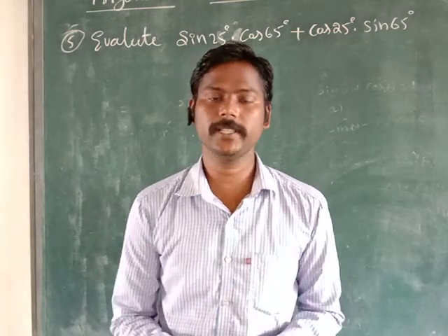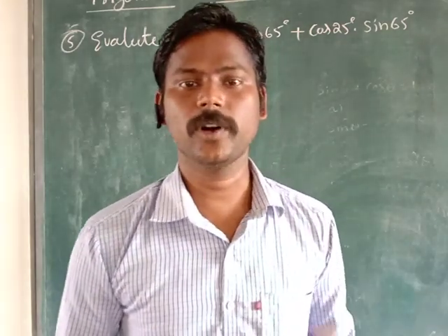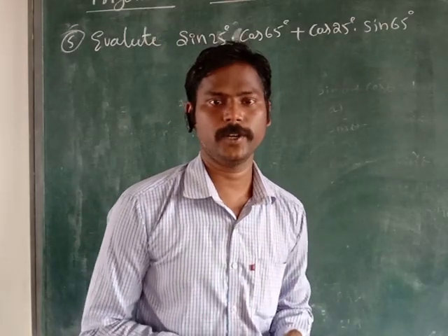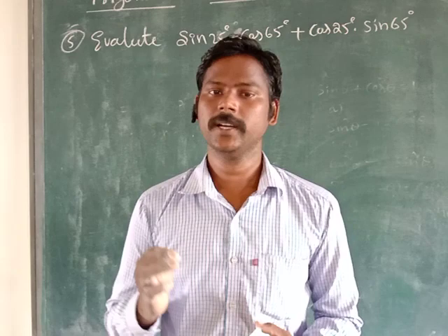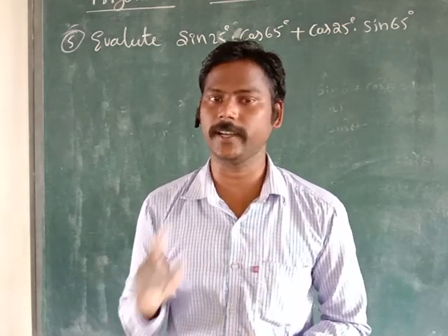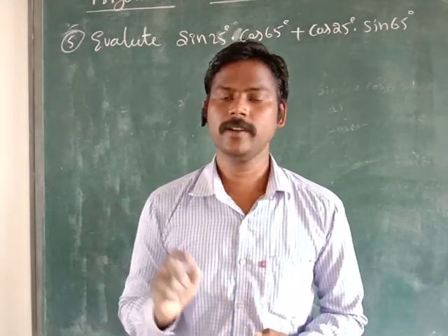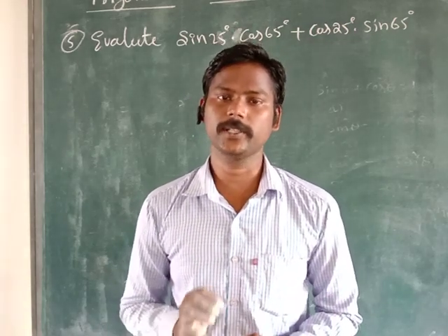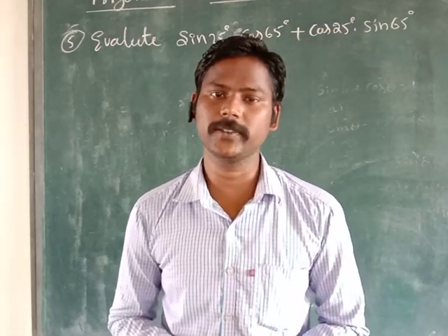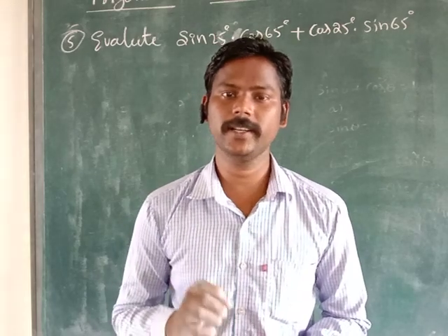Then only it is very easy to solve this type of problems. Understood? Once again, repeating the trigonometric identities. What is the first identity? Sin square theta plus cos square theta equal to 1. Second identity, 1 plus tan square theta equal to secant square theta. What is the third identity? 1 plus cot square theta equal to cosecant square theta.